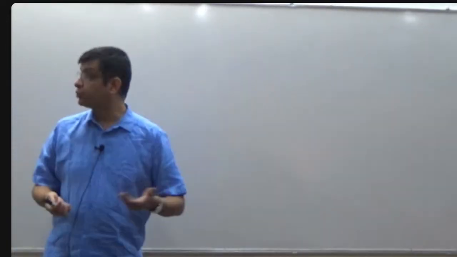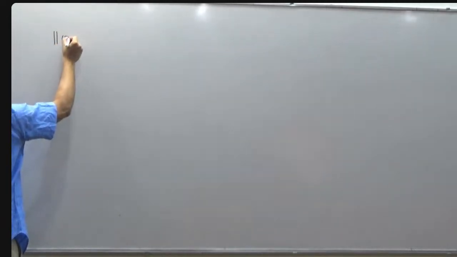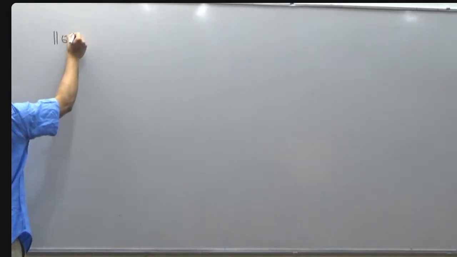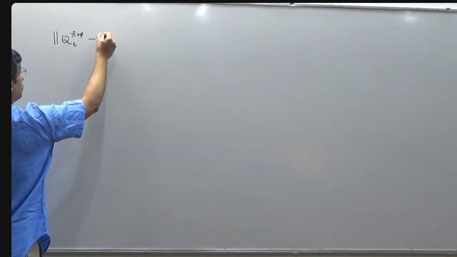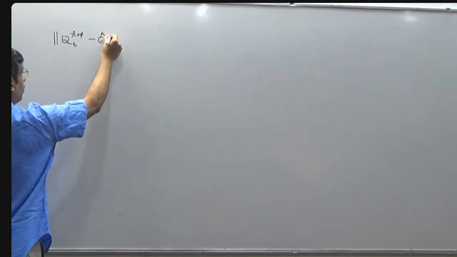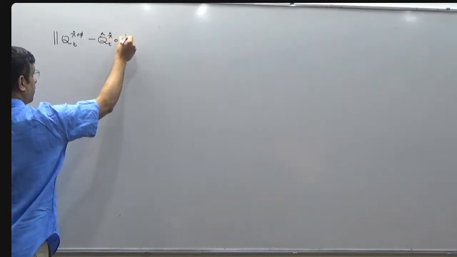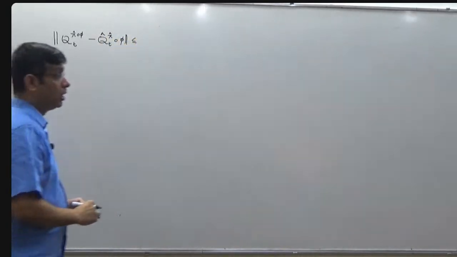The rest is simply backward induction. As usual, I'll start my induction argument at capital T plus 1, where the statement is vacuously true. I'll assume that this is true at t plus 1, and I have to show the result at time t. And the result at time t is simply saying q t pi hat composed with phi minus q hat t of pi hat composed with phi is less than or equal to, this is exactly this setting.